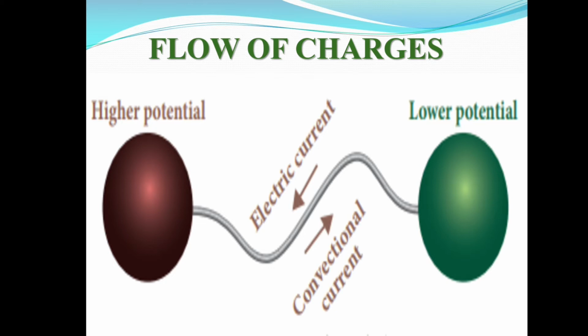The flow continues till the number of electrons in both spheres is equal. Here the positively charged sphere is called the higher potential, and the negatively charged sphere is said to be the lower potential.